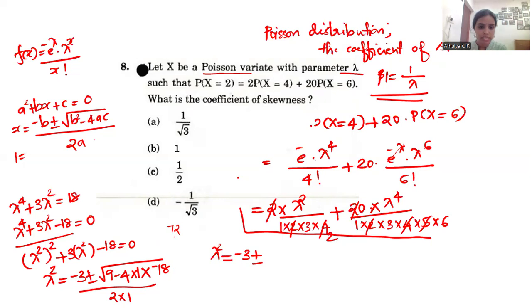So 72 plus 9, it is 81. So square root of 81 is 9, divided by 2. So it will become minus 3 plus 9 divided by 2, or minus 3 minus 9 divided by 2.